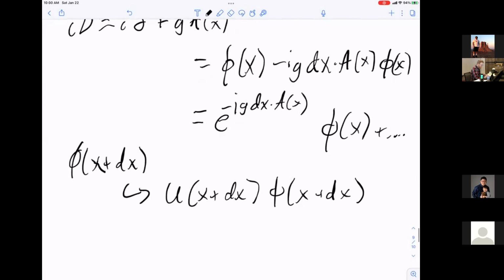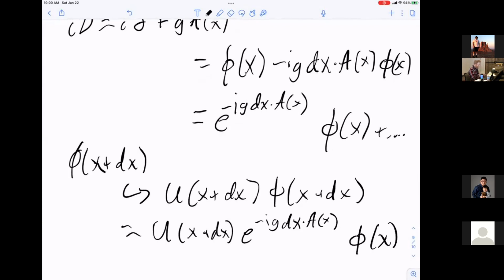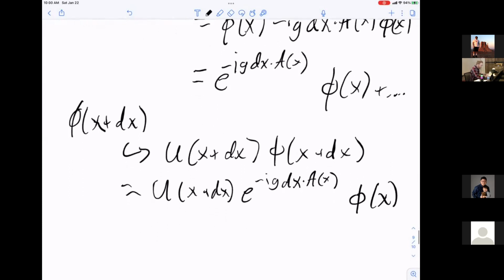But this object here, when I perform my gauge transformation, I should also recall that phi of x goes to u of x phi of x.